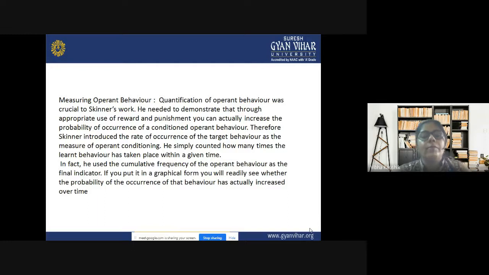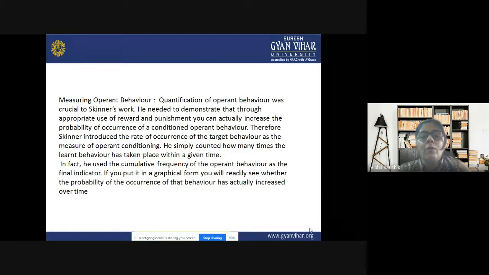Measuring operant behavior. Quantification of operant behavior was crucial to Skinner's work. He needed to demonstrate that through appropriate use of reward and punishment, you can actually increase the probability of occurrence of a conditioned operant behavior. Therefore, Skinner introduced the rate of occurrence of the target behavior as the measure of operant conditioning.